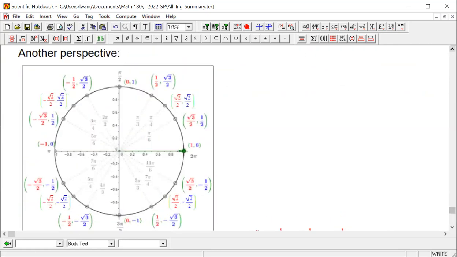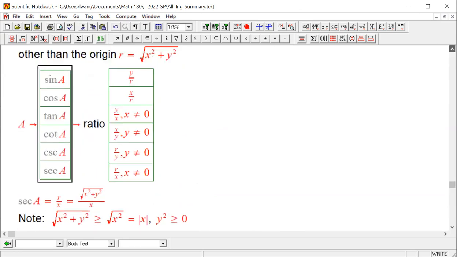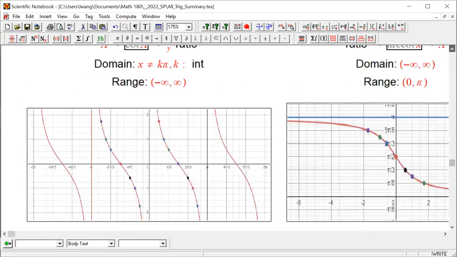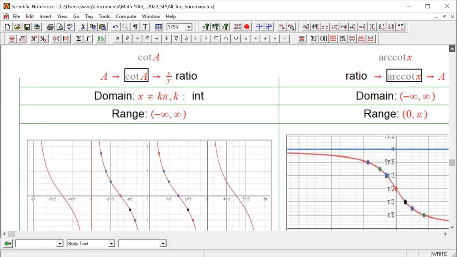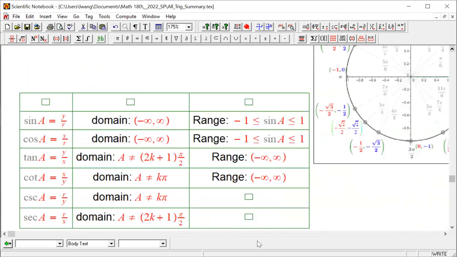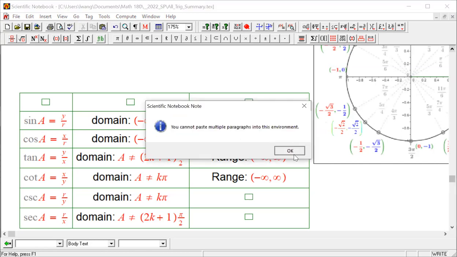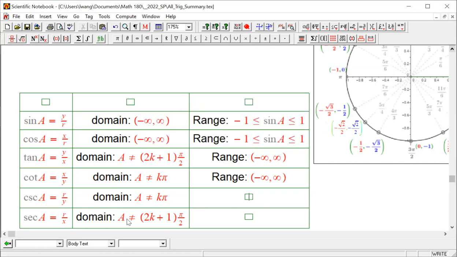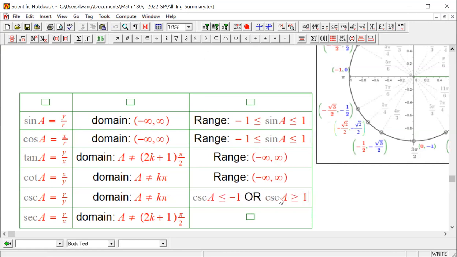So now I'm going to put in the summary for the range. Remember where we started, about that table? The range for cosecant: I'm just going to write that the cosecant of an angle is less than or equal to negative 1, or the cosecant of an angle is at least equal to 1.